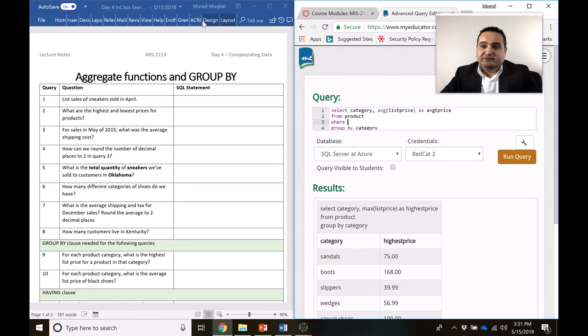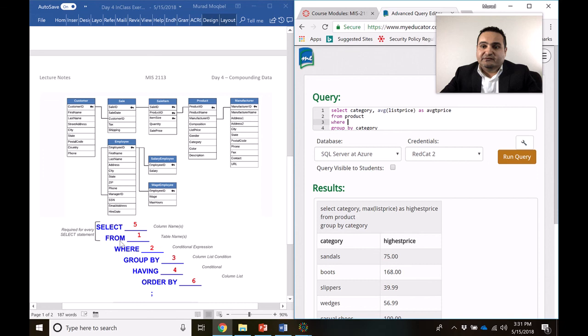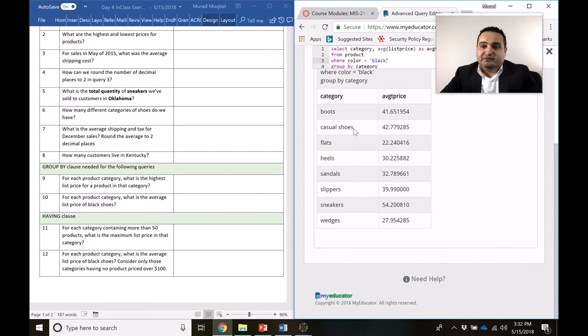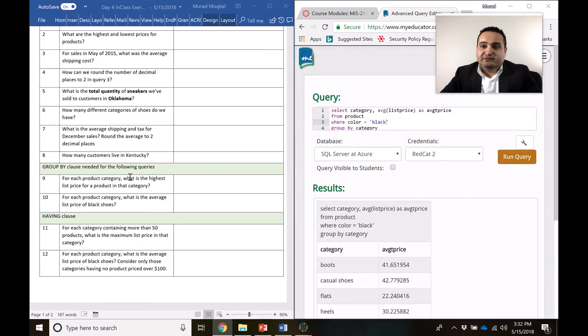So why I put where between the from and before group by is because of this. So from and then where comes next and group by after. So where color equals black, then group by category. So now you get the idea, we got the answer.